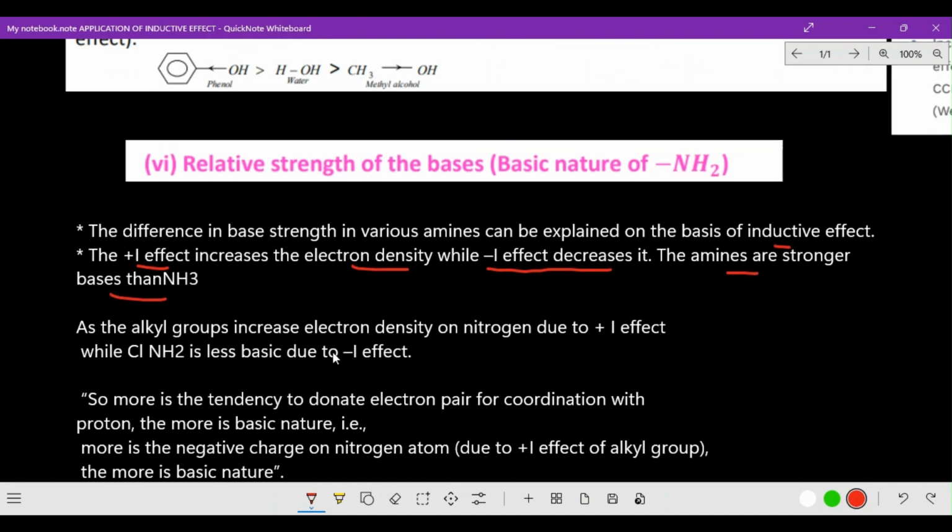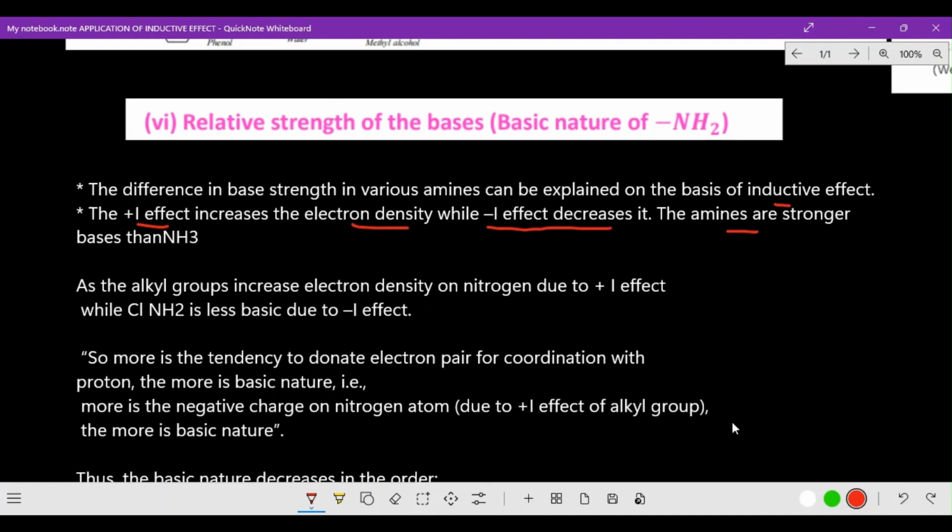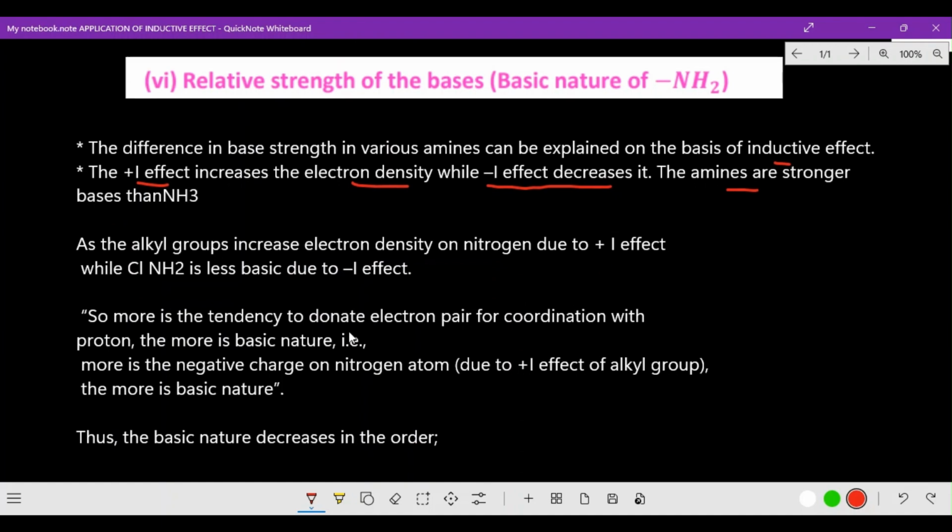Okay, let us check another point. Here alkyl groups increase the electron density on nitrogen due to the plus I effect, while chloroamine NH2Cl is less basic due to the minus I effect. I hope you got the clarity related to this point. The more the tendency to donate an electron pair for coordination with a proton, the more basic in nature.